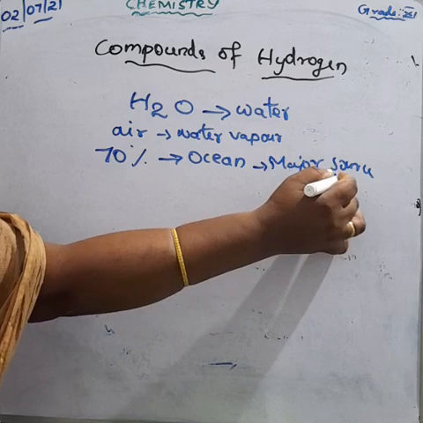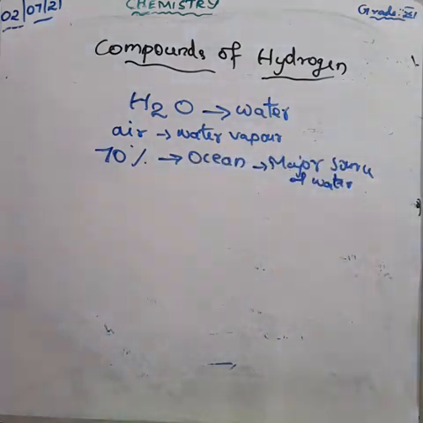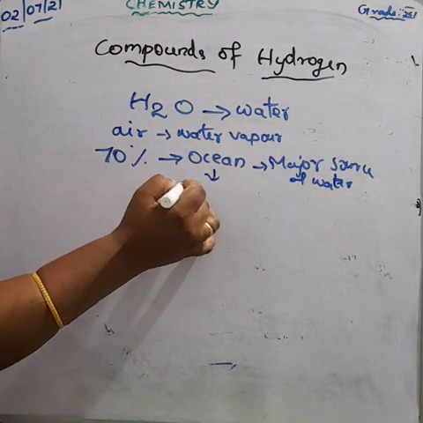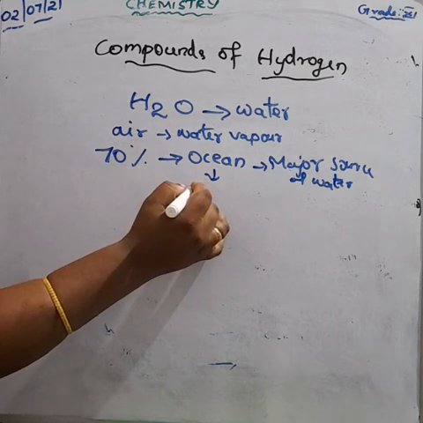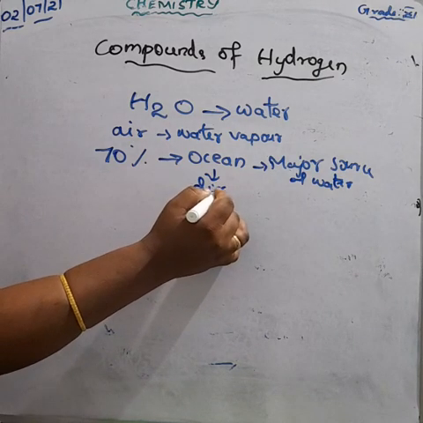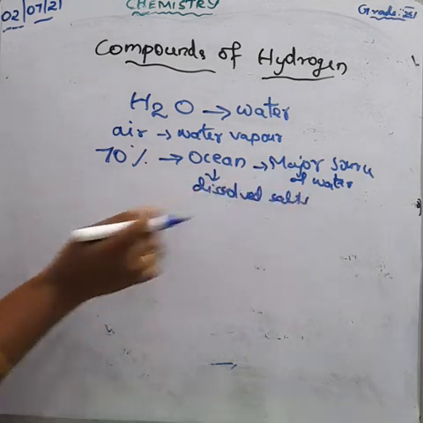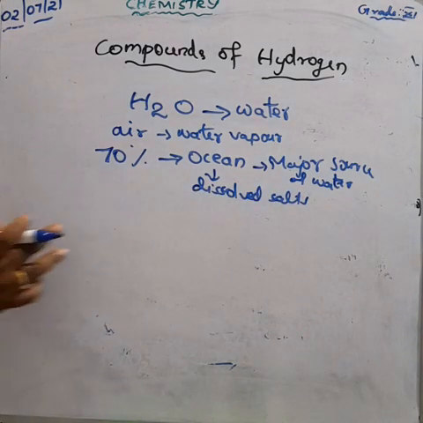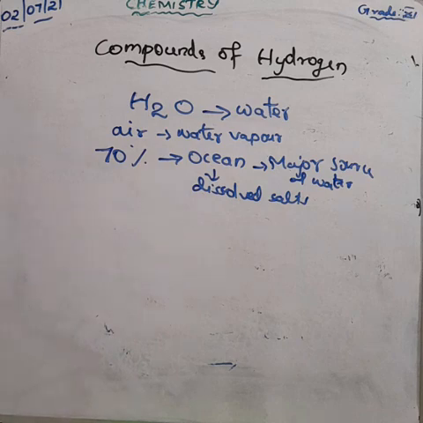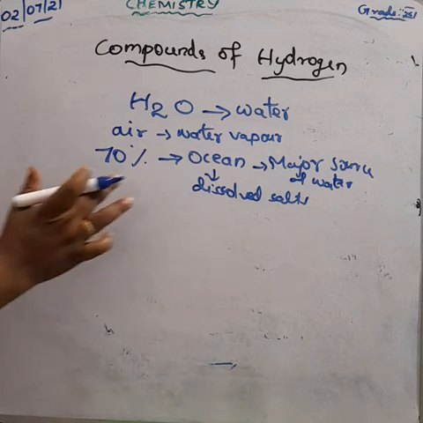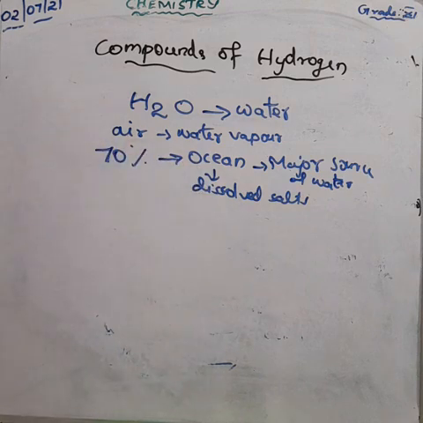However, seawater contains many dissolved salts. We cannot use seawater for drinking purposes because it contains many dissolved salts, so it cannot be used directly. We can purify this seawater to drinking water by many processes.